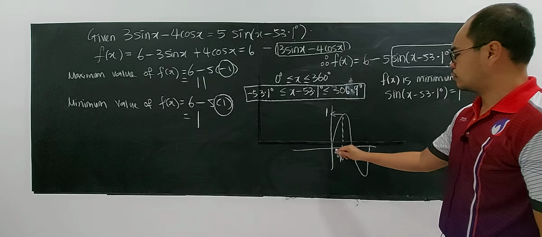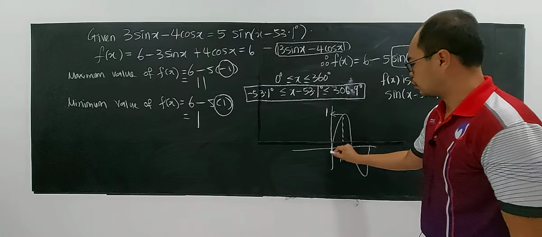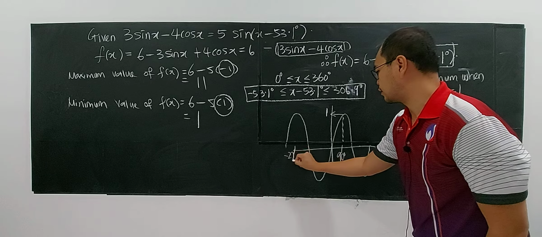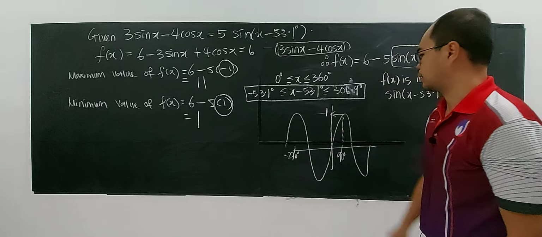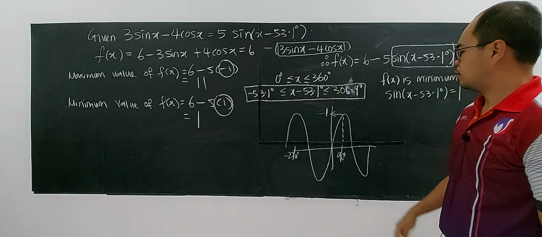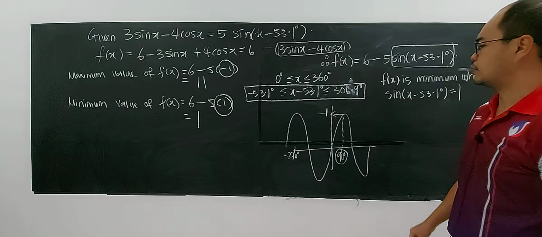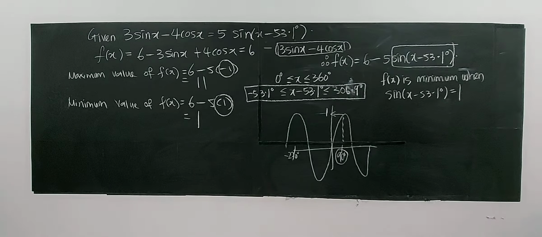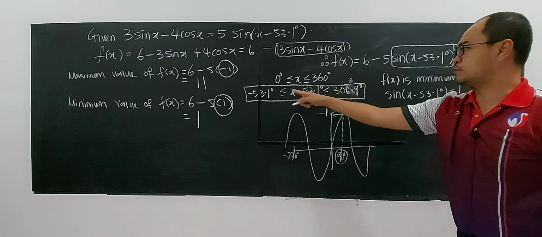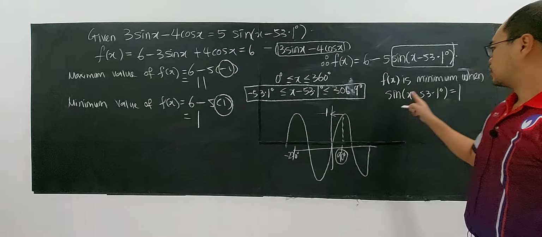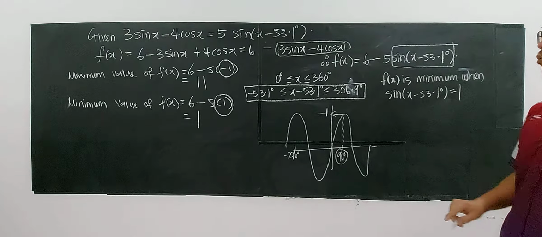If you keep drawing, it only reaches 1 again at -270. Besides that, only 90 gives 1, no other value. So in this region, there is only 90 degree where you're getting 1.